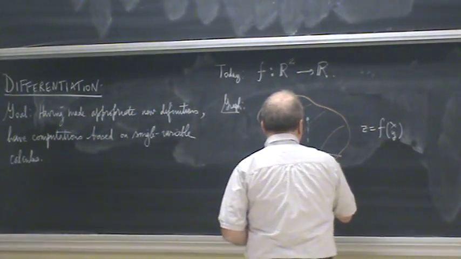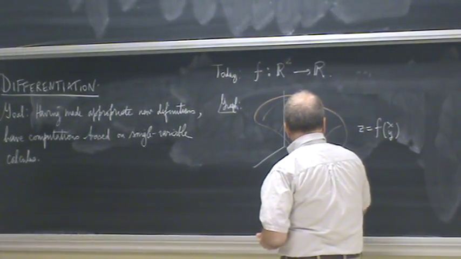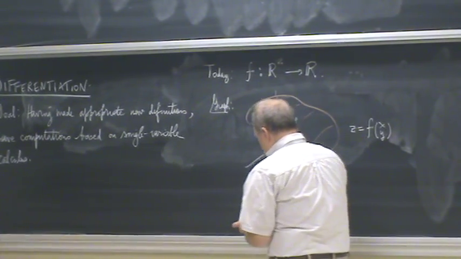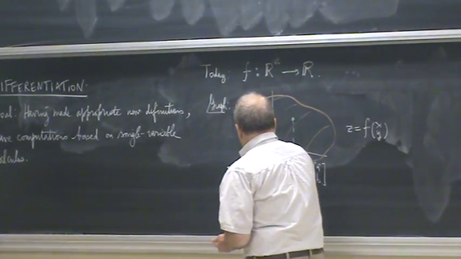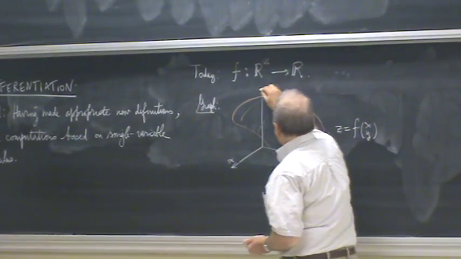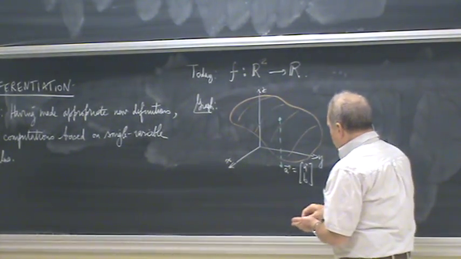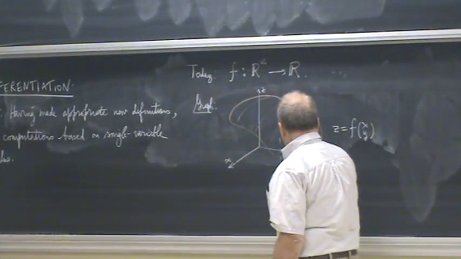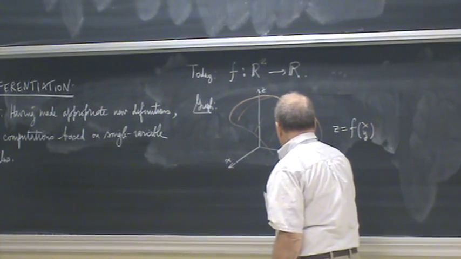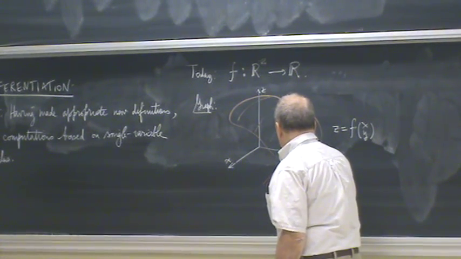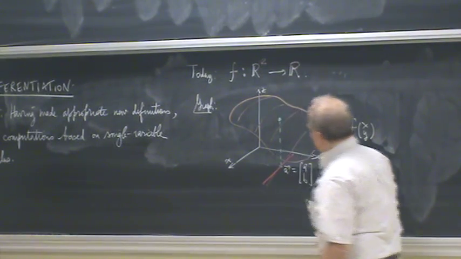So if I imagine fixing the y coordinate here, and remember this is, as usual, the x and the y axes here. If I vary x fixing y, I'm moving along a line like this.